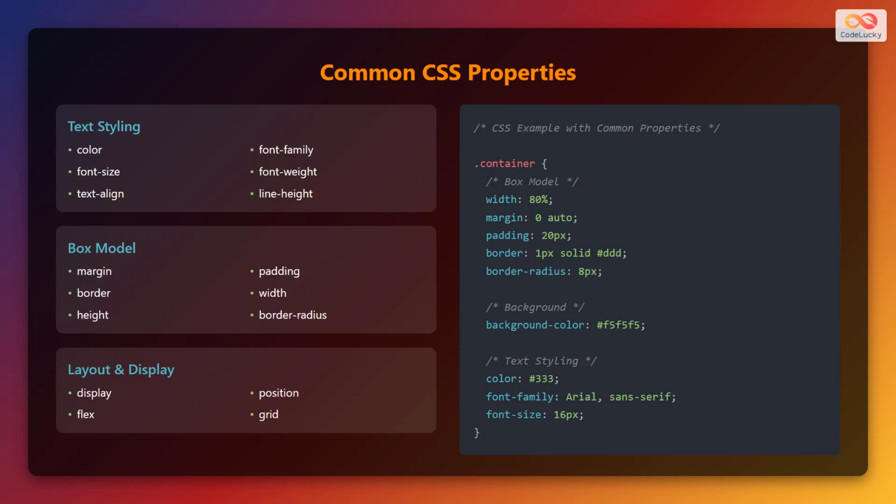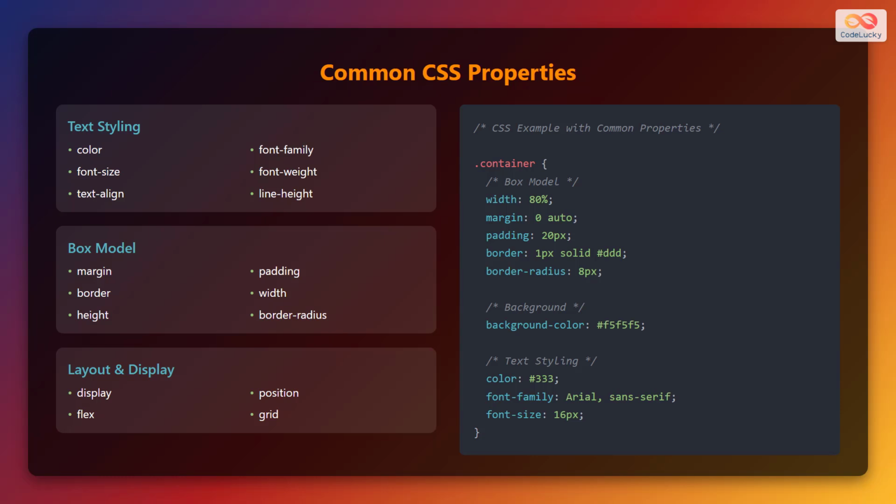Now let's explore some common CSS properties that you'll frequently use when styling your web pages. These properties allow you to control various aspects of the appearance and layout of HTML elements. First, text styling contains properties like color, font family, font size, font weight, text align and line height.